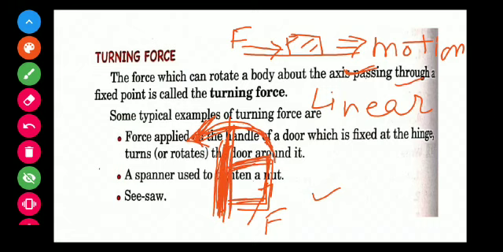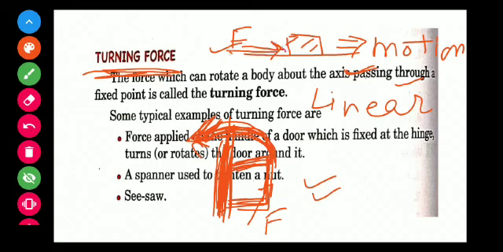That is, there is a motion about a fixed axis, or a turning effect. Such forces which give a turning effect or rotate the body about a fixed axis are known as turning force. There are different examples.